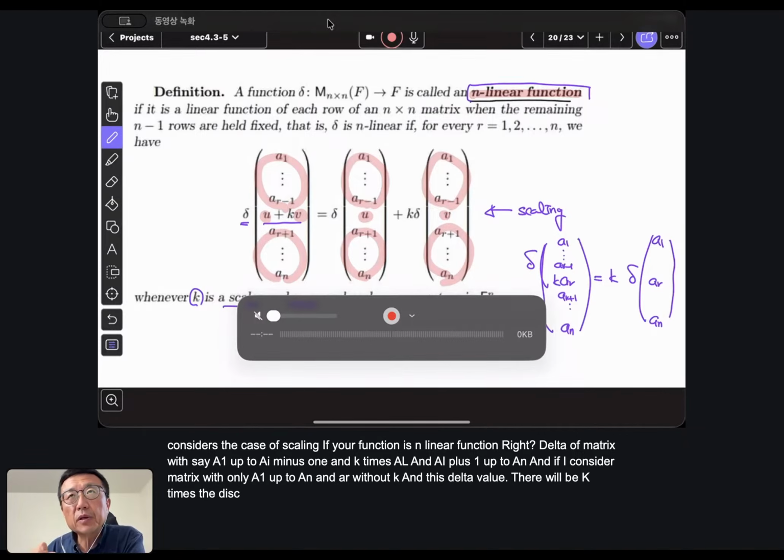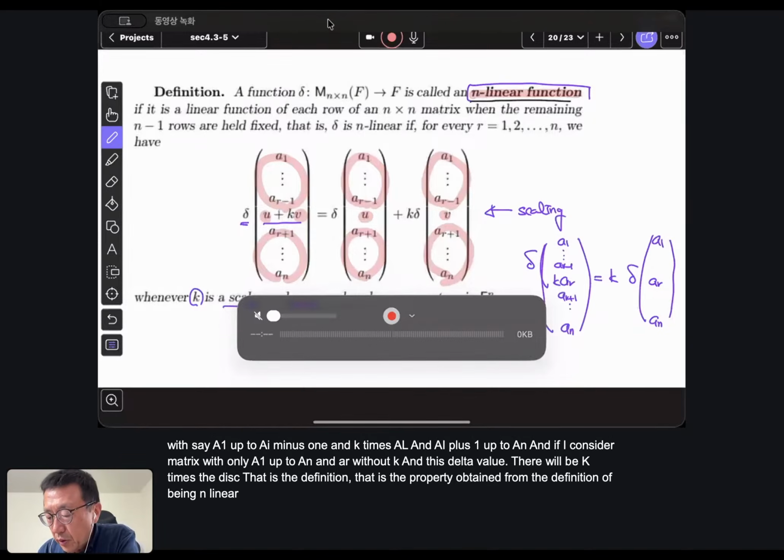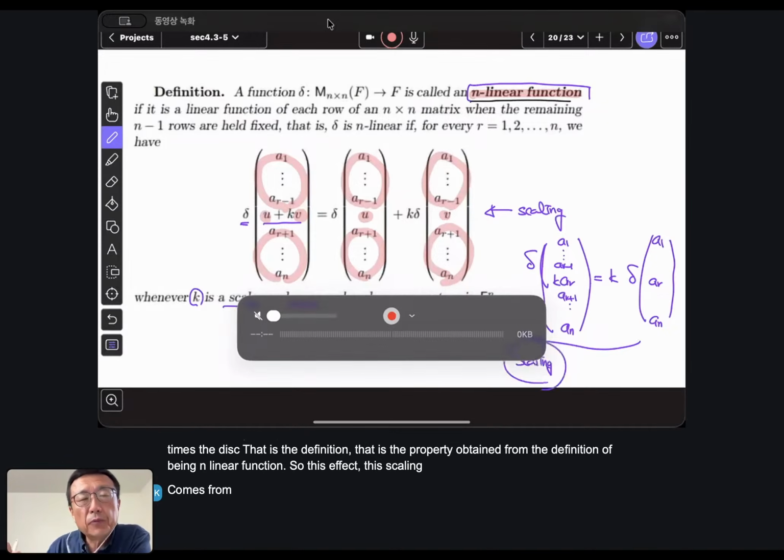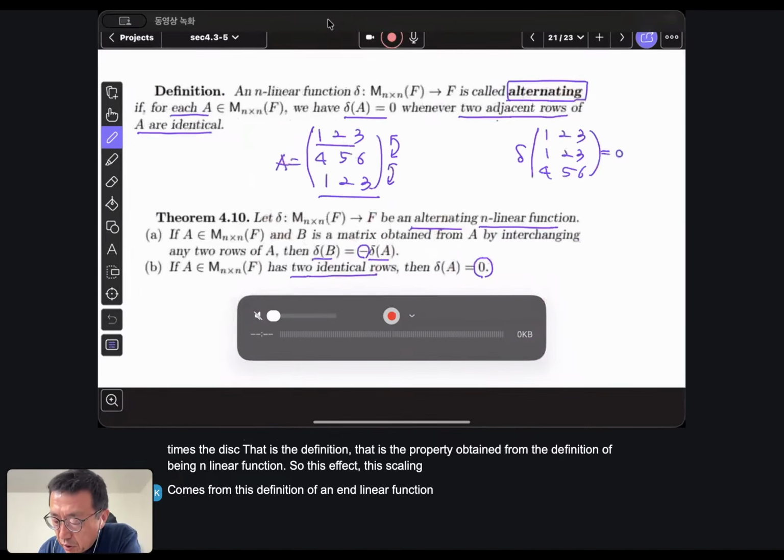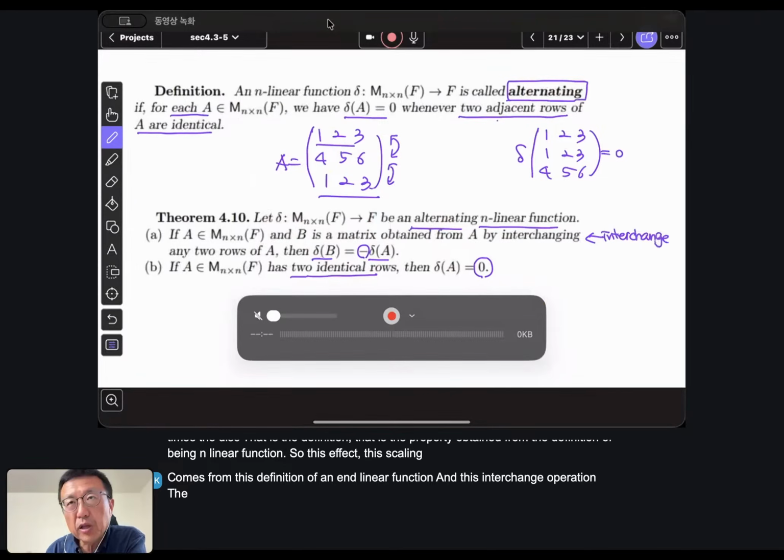That is the property obtained from the definition of being an n-linear function. So this effect, this scaling, comes from this definition of an n-linear function, and the effect of the interchange operation comes from this 4.10, and that requires being alternating.